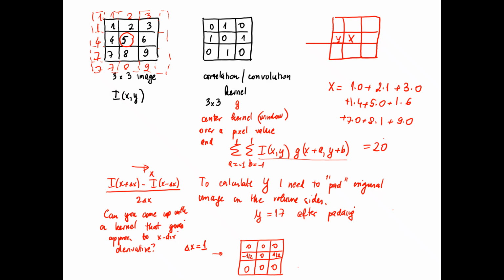For the y direction, I would get this and that. So it would be 6 minus 4 divided by 2, so 2 divided by 2, assuming the result is right. This is a kernel that I need to do that. If I now convolve with this kernel, I'll get 6 minus 4 divided by 2, or rather, 1/2 times 6 minus 1/2 times 4.